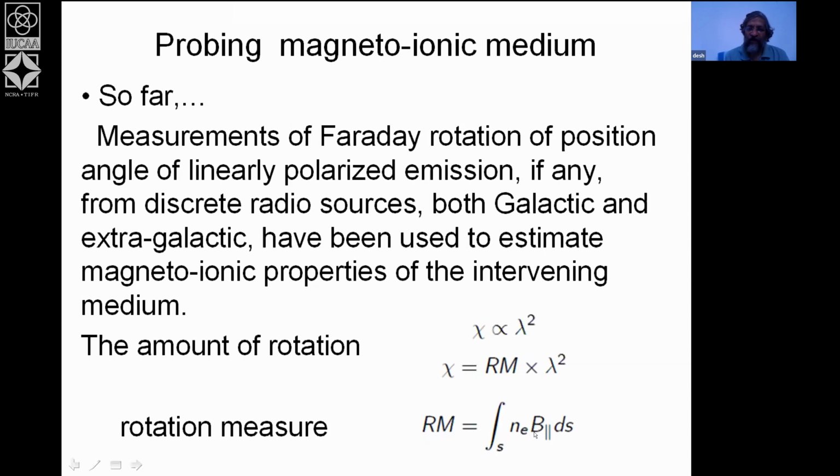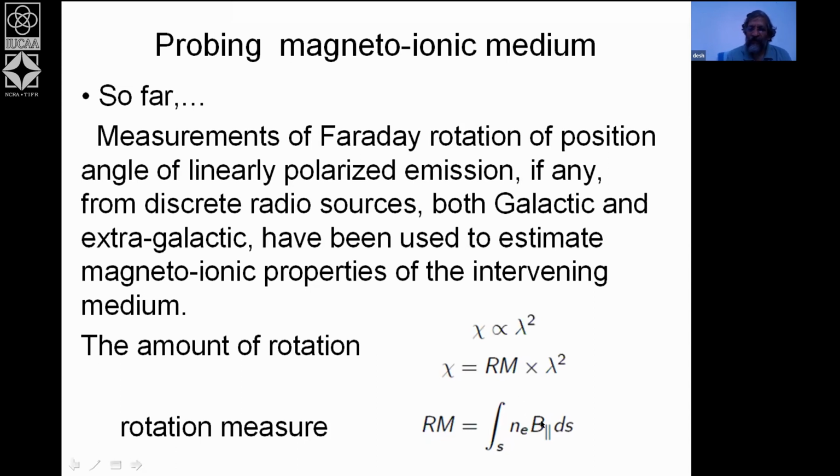Now, since it's a directional quantity, NE is a scalar, but B parallel can change sign. And so you will find that there could be situations where you've gone a long distance, the magnetic field was strong, but it changed orientation on the way, and the net effect is much smaller than what you would have got had you integrated NE times modulus of B parallel ds.